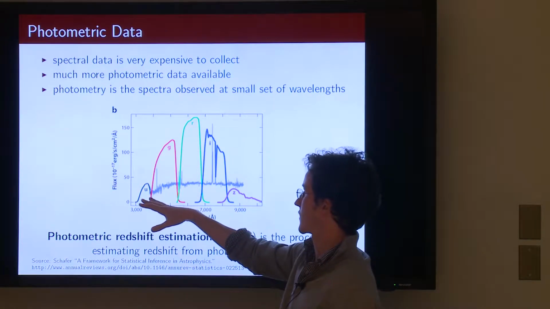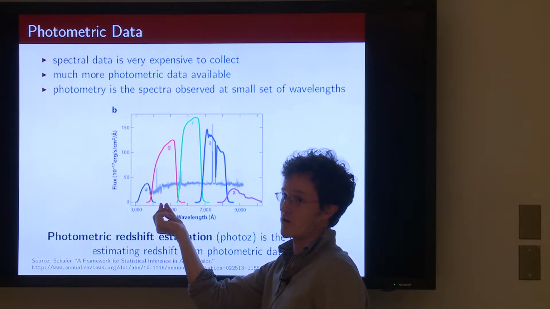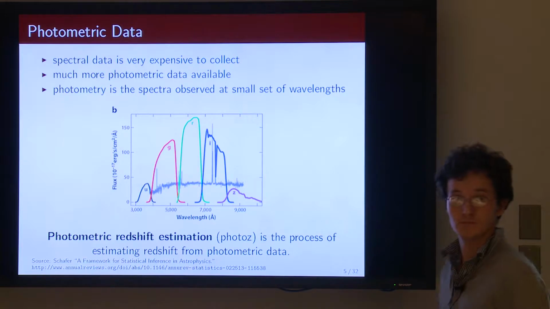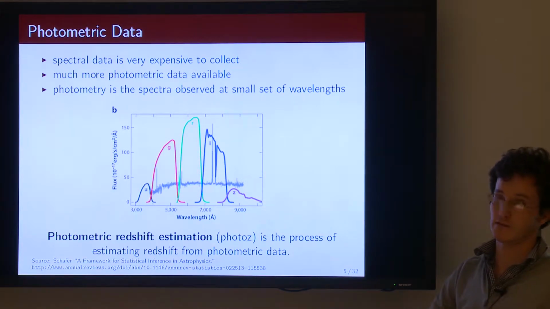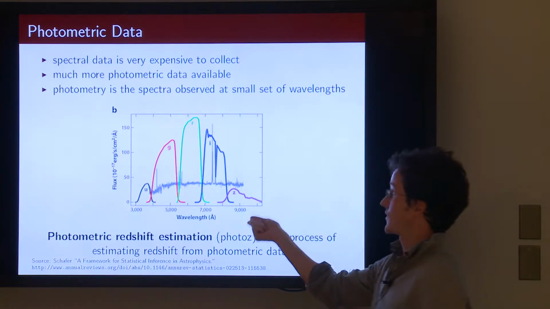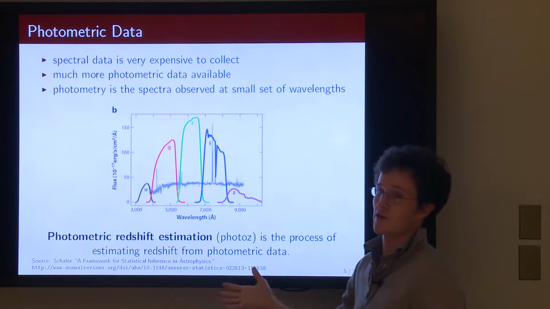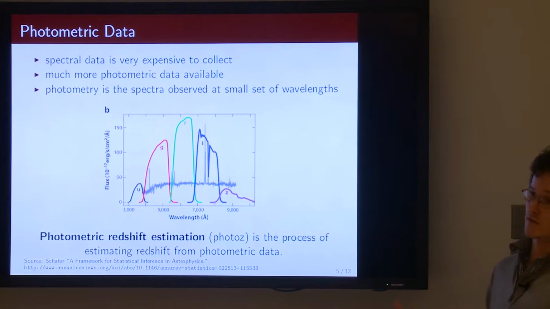Whereas if you had a spectra, there are bins for the spectra, but they're very, very narrow. So you'd have thousands of brightness measurements for the object. If you have thousands of brightness measurements, you have the spectra, easy to estimate the redshift Z. If you have photometry with, say, 5 bands, now much harder to estimate the redshift. But if you can do that, then you can get redshifts for very, very large numbers of objects.